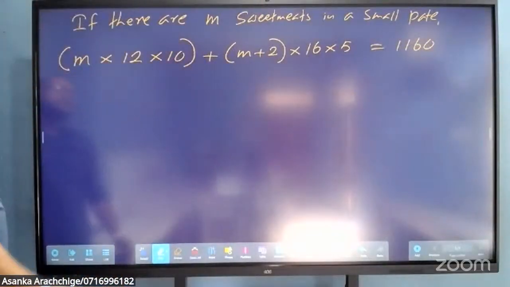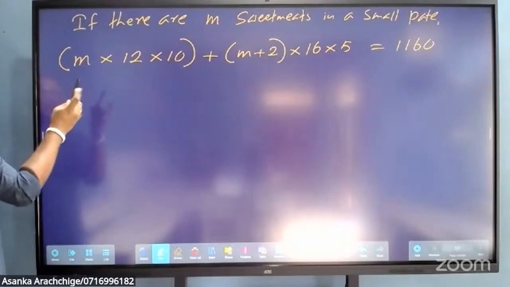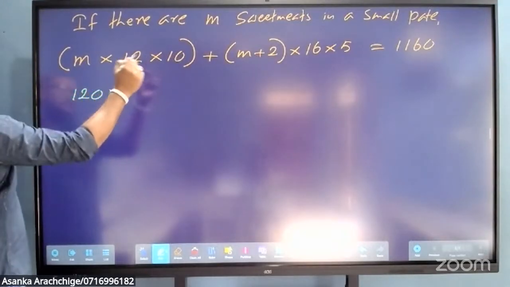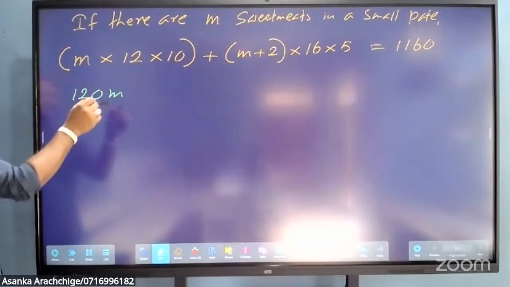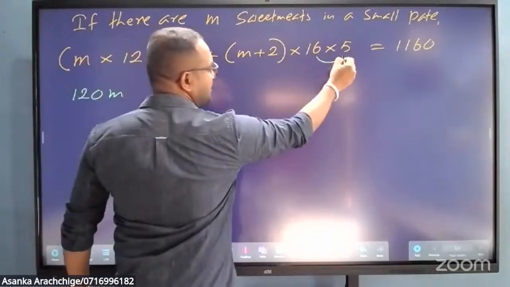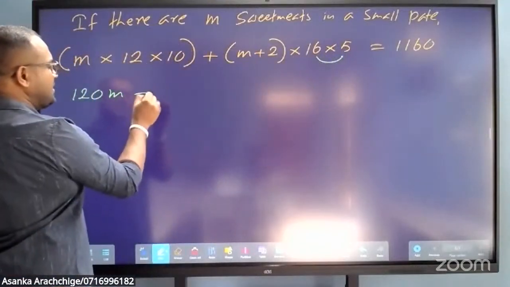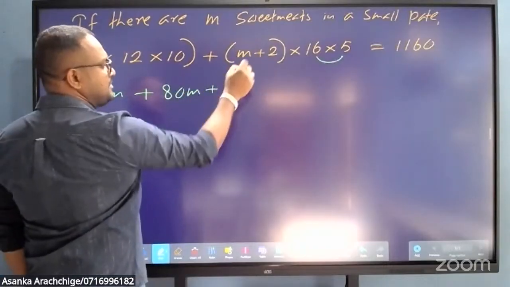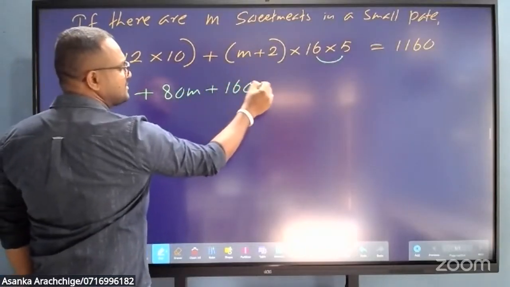Then this is 120 m. 10 times 12, 120. 5 times 16, 80. 80 times m is 80 m, plus 80 times 2, 160.